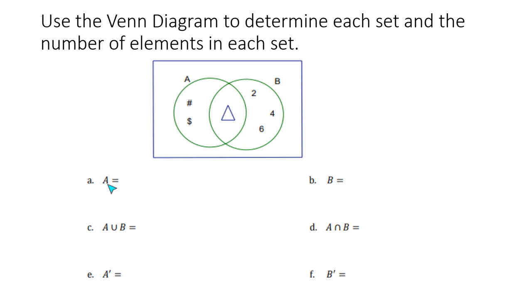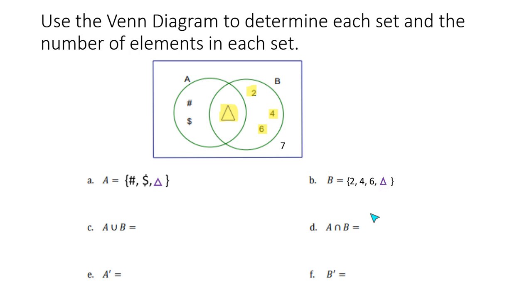A is everything that you see in the circle A. In this case, we have the pound sign, the money sign, and the triangle, so we write our answer as pound, money sign, and triangle. For B, it's everything in the circle B, so 2, 4, 6, and triangle.